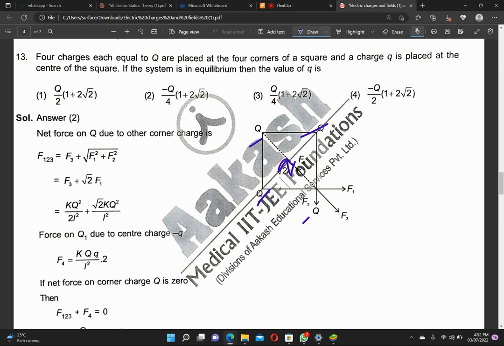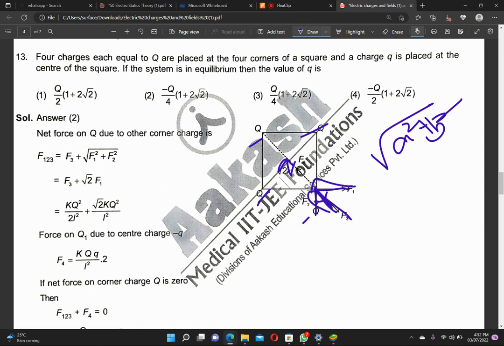If the system is in equilibrium, the value of Q is found from the net force on a corner charge due to the other charges. This is F3. Whenever F1 and F2 are perpendicular to each other, you get the resultant as the square root of a squared plus b squared. So you get the square root of F1 squared plus F2 squared, which equals root 2 F1, where F1 is kq squared by L squared.